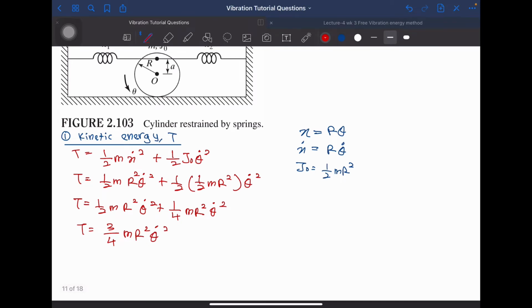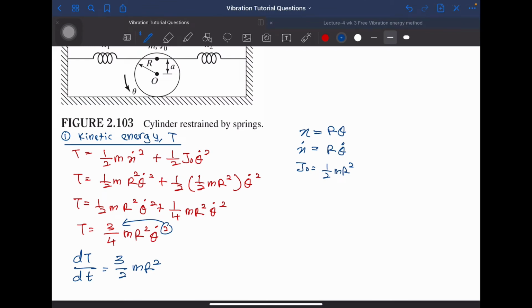Then from here I can find the differentiation, because we want to do the energy method, you have to differentiate the T and differentiate the U. So differentiate the T in terms of theta. The square for theta, bring it to the front, times 3 over 4. 3 over 4 times 2, you get 3 over 2 m r squared.